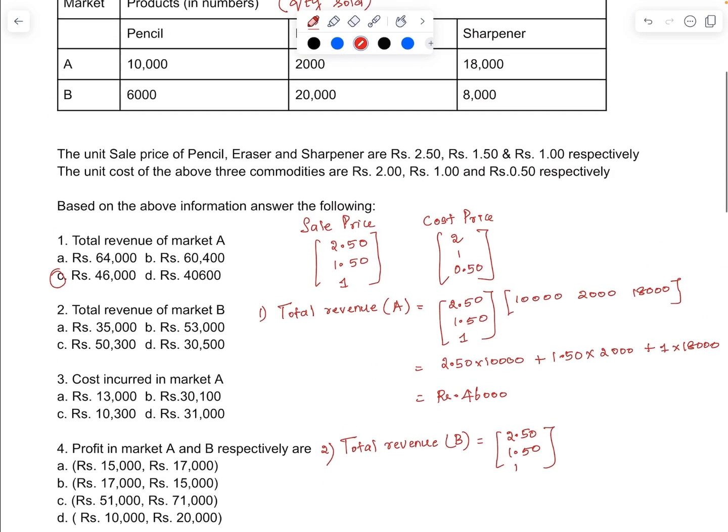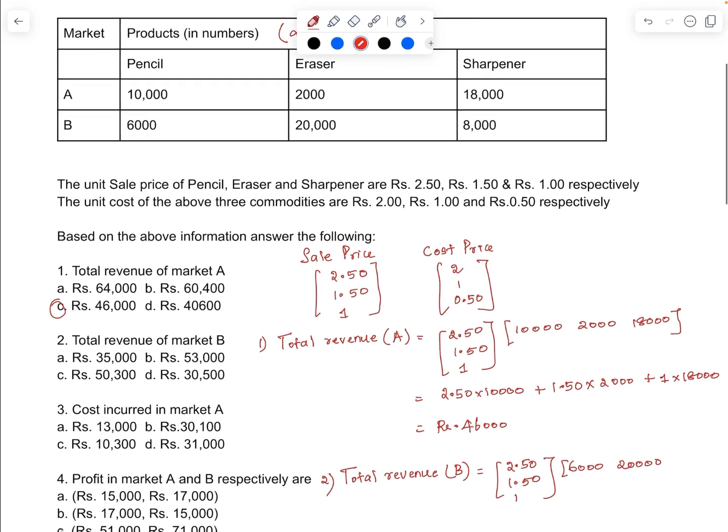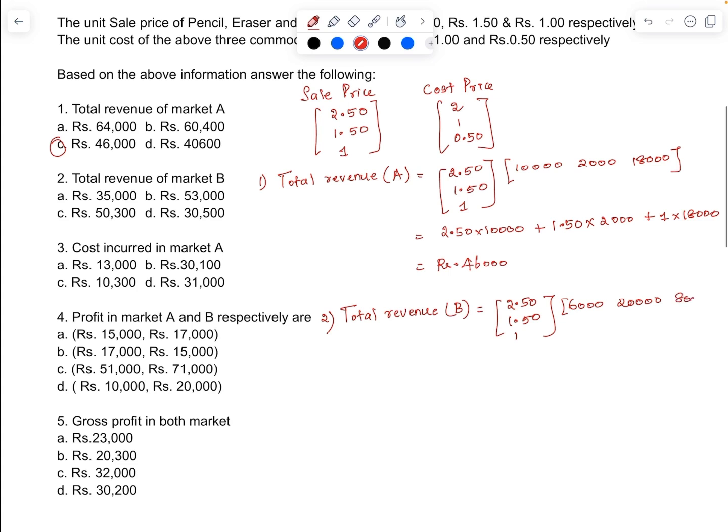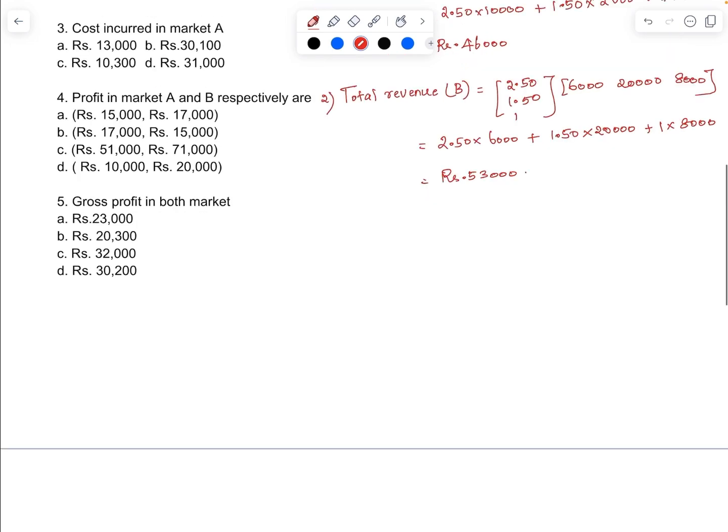The quantity sold is 6,000, 20,000 and 8,000. 2.5 times 6,000 plus 1.5 times 20,000 plus 1 times 8,000. Calculating, we get rupees 53,000. Answer is B.